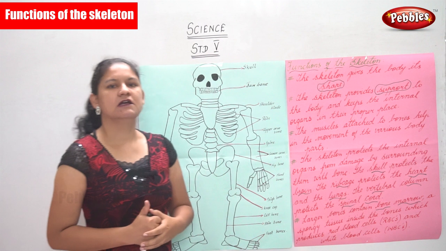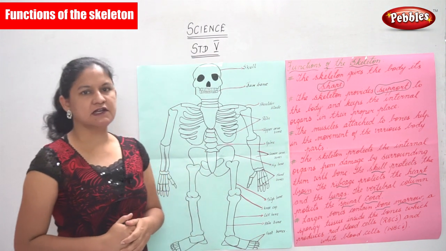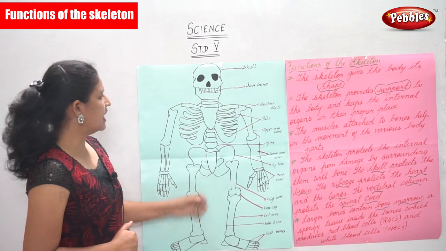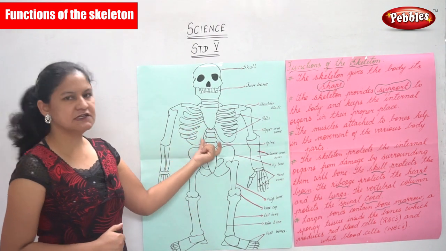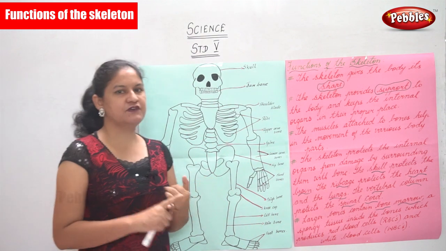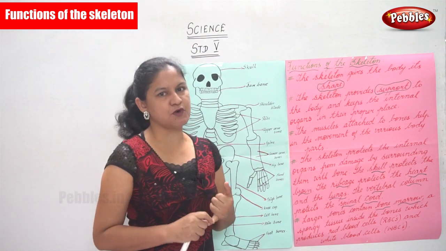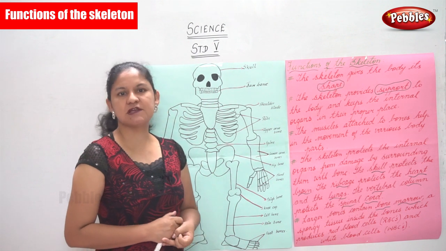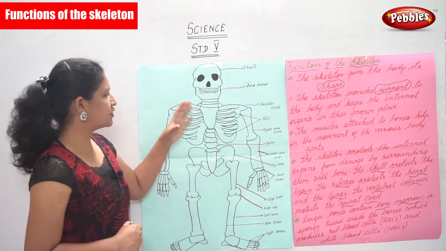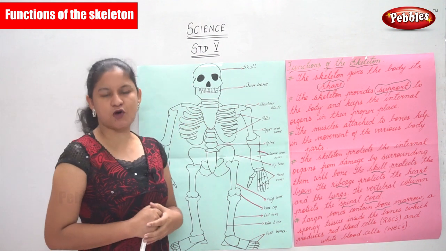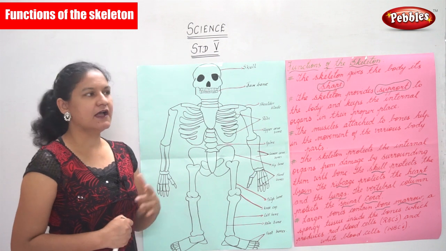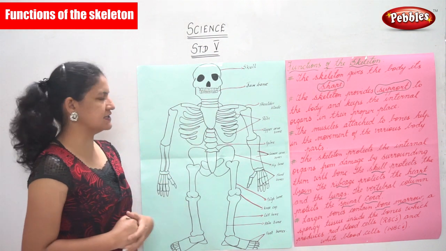The next, it is the skeleton that provides support to the body and keeps the internal organs in their proper place. So first it gives shape to the body. The second most important point, it provides support to the body and keeps the internal organs in their proper place.